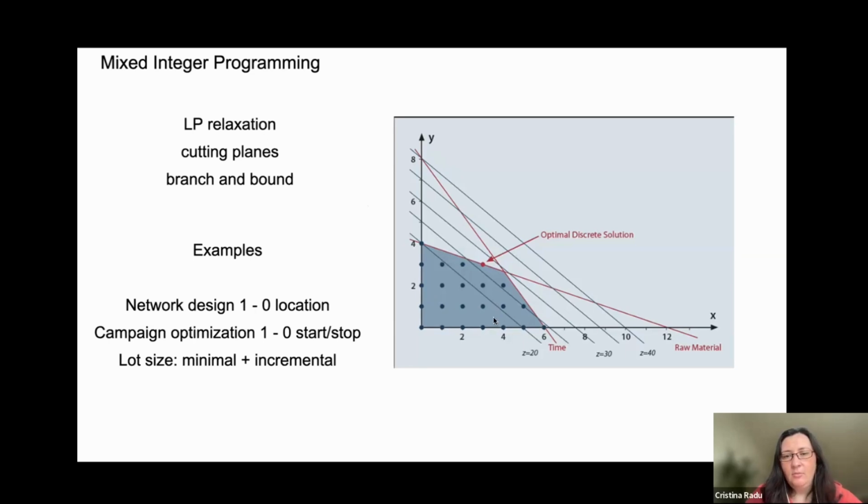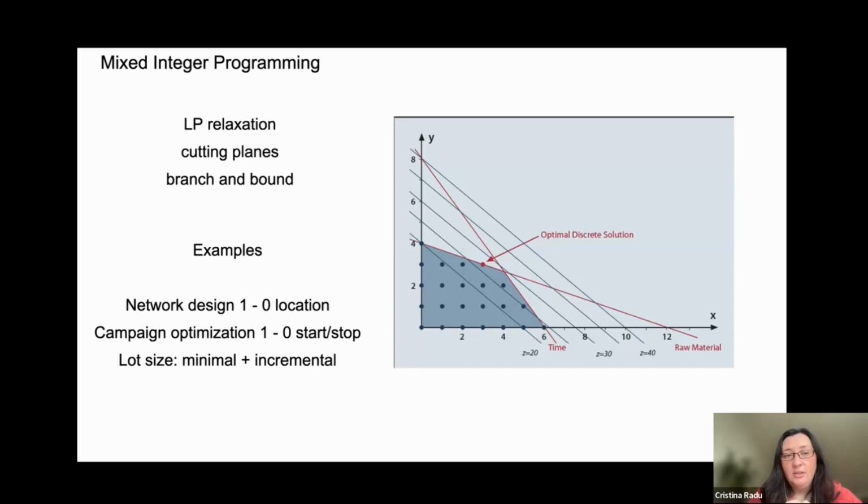So you start to cut from your shape, trying to make it smaller. Another method is branch and bound, where you start with the LP relaxation. For example, if you have a solution which is 3.5, which is not an integer, then you start going on the branch 3 or on the branch 4, and then you search in that direction. So those are very high-level explanations of the methods.